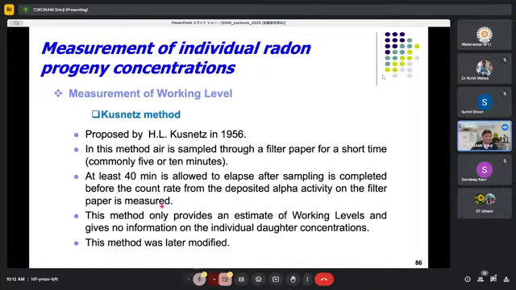This method only provides an estimate of working levels and gives no information on the individual progeny concentrations. This method was later modified.